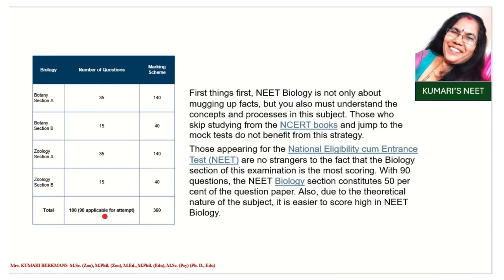You have to prepare for the NEET examination from the NCERT books. Only the NCERT books; mock tests do not benefit in this strategy. Completely go through the NCERT books and prepare well to get through the NEET examination.